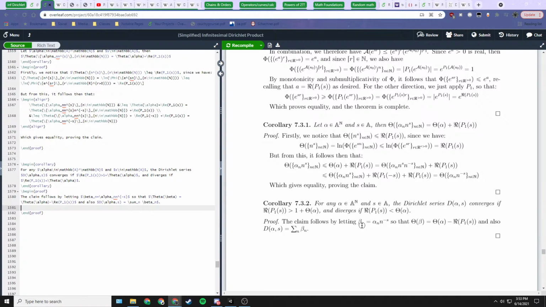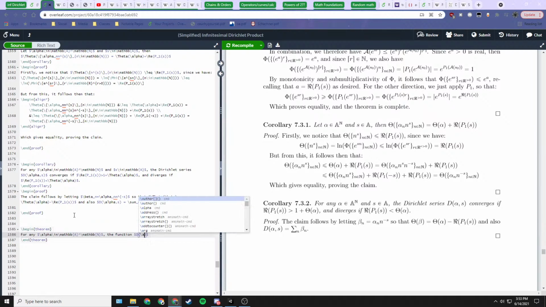And the way that we would do that is by showing compact convergence. So alpha n a n, the function d alpha s, fixed alpha, is differentiable. Okay, no problem.